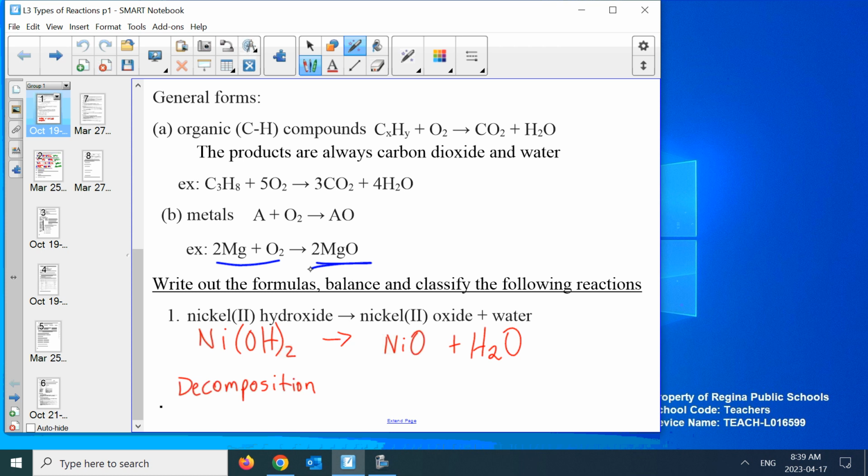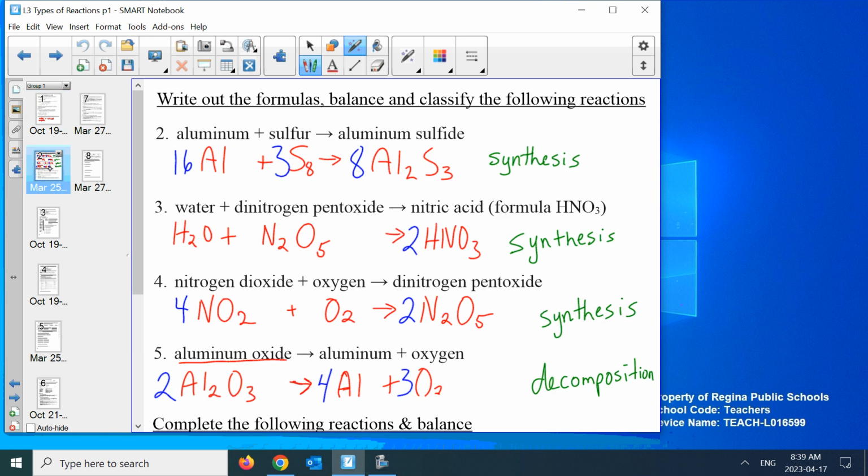Now, we looked at a few of these and classified them. I gave you the word reactions. The first example had to be decomposition. Took a look at aluminum and sulfur, two things combining to form one thing, that's synthesis. Three. Two things combining to form another single thing, that's synthesis. Notice that this one here is combining with oxygen. It's actually combustion as well.